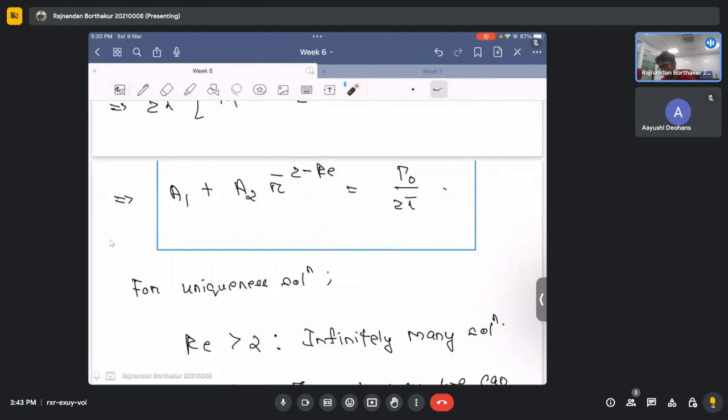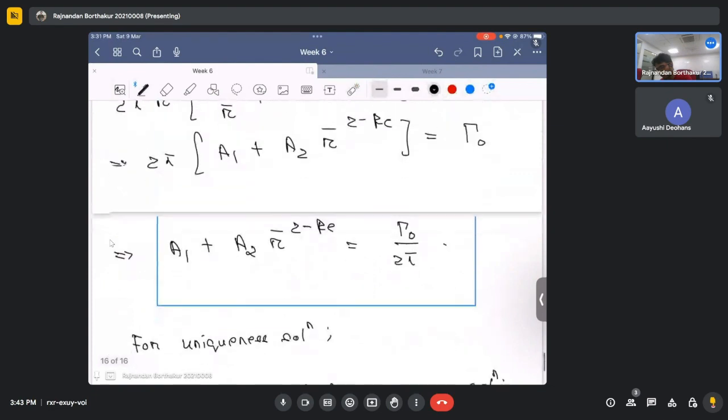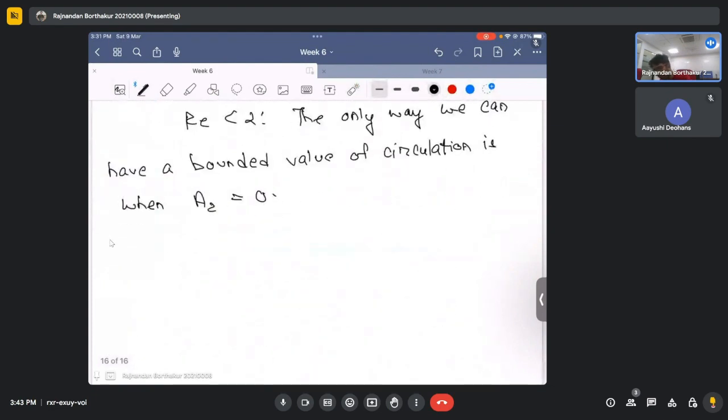So A2 has to be equal to 0, which means the only unknown that we have is A1.